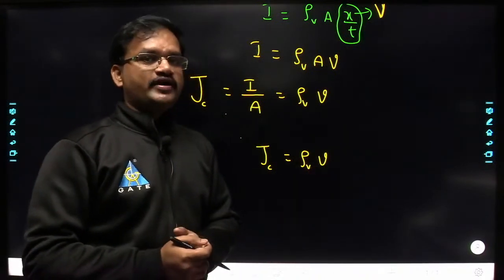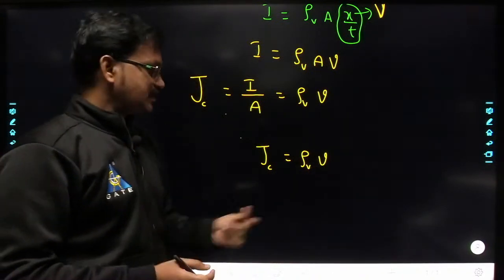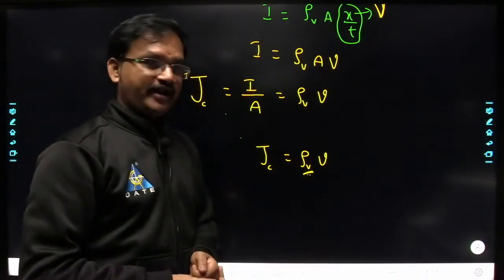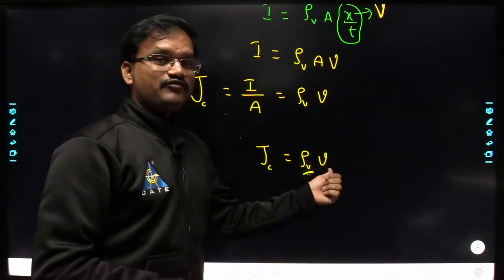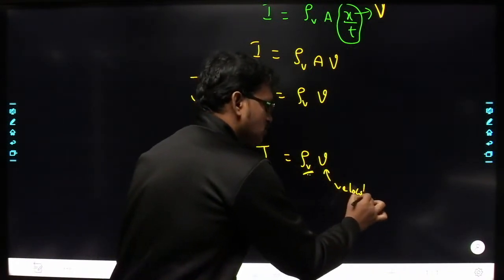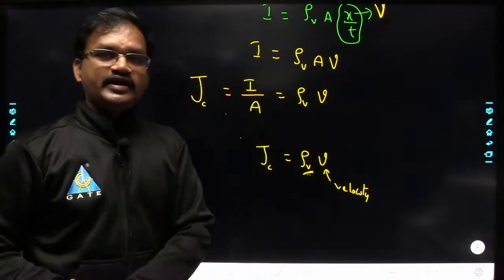Velocity is a vector quantity or scalar quantity? See here, rho v is a charge density, and charge is a scalar quantity, right? So v is nothing but velocity. So this velocity is a vector quantity or scalar quantity?